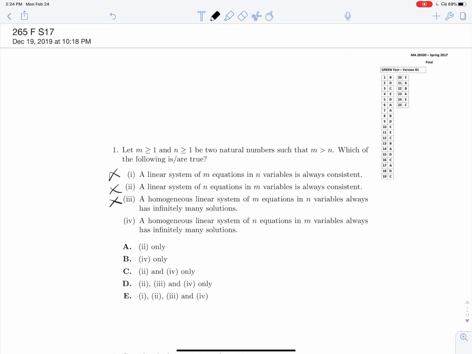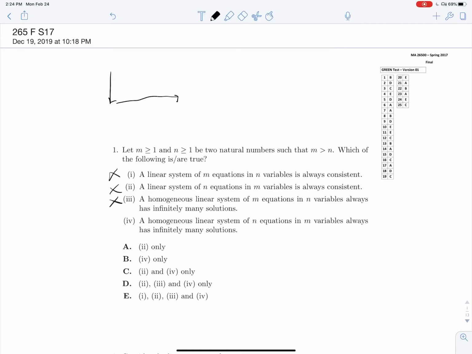Okay, finally, a homogeneous linear system of n equations in m variables will always have infinitely many solutions. So this is saying that we have more variables than we have equations. So our matrix will be wider than it is tall. And let's see what we can set up for this.